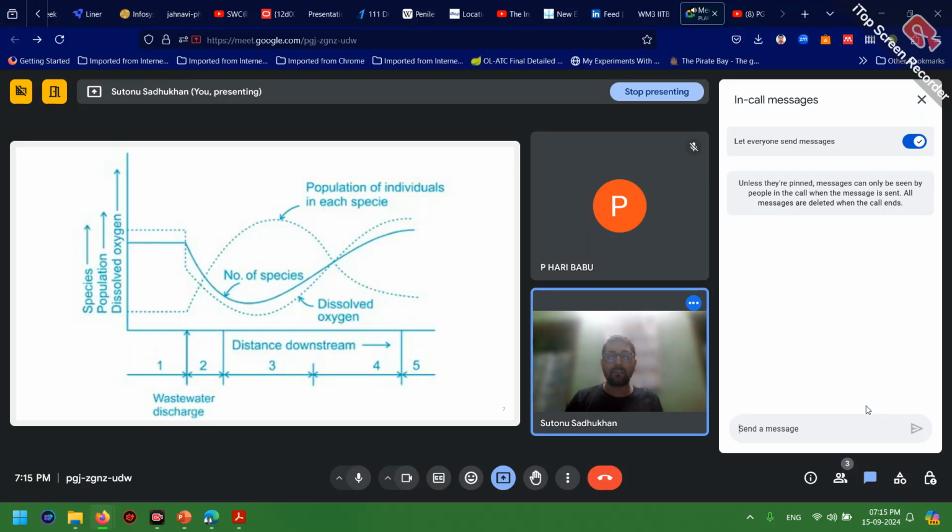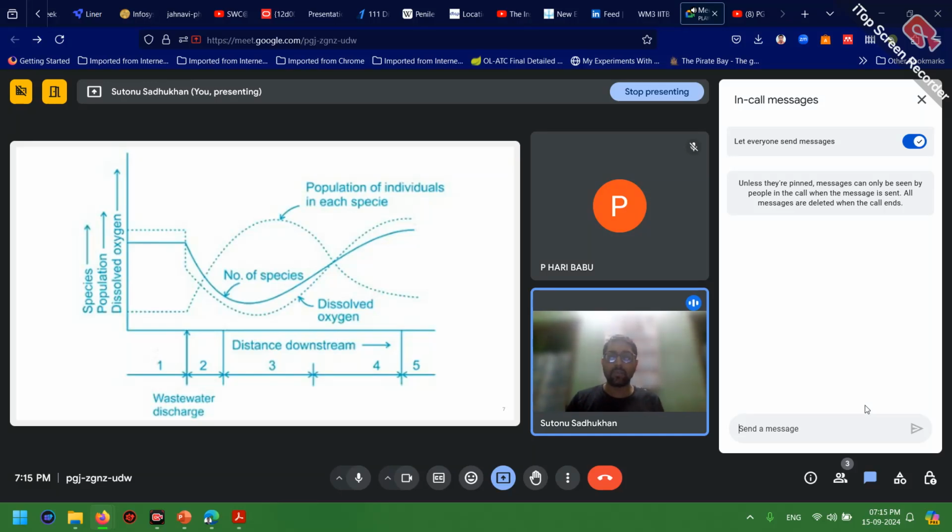Okay, and the other species concentration will decrease. For other types of pollutants, some other type of species population will increase, and so on and so forth. So hopefully this graph was clear.